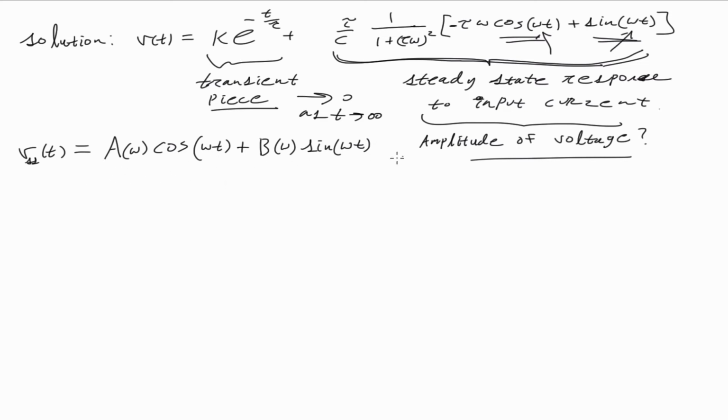All right, so we can see it's of this form where A of omega is going to be tau over c times negative tau squared omega over c times 1 plus tau omega quantity squared. And B of omega is going to be simply tau over c times 1 over 1 plus tau omega quantity squared. Okay, so those are the two pieces.